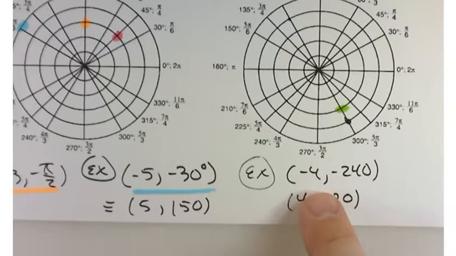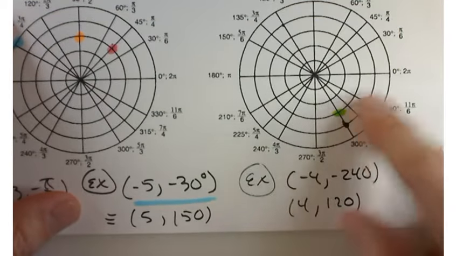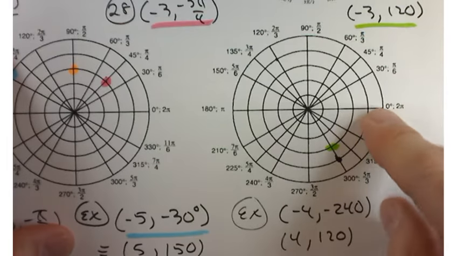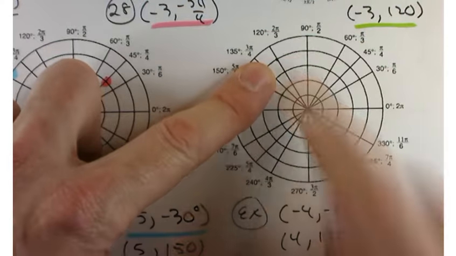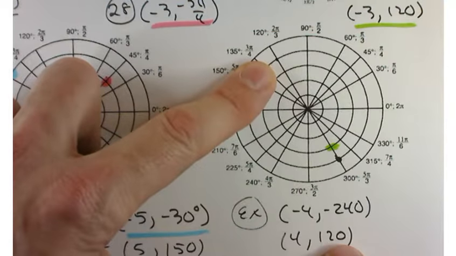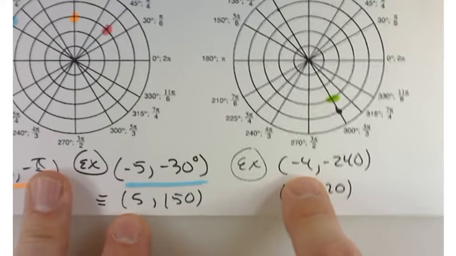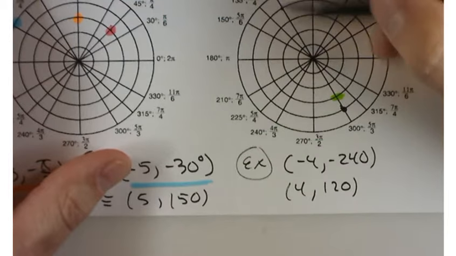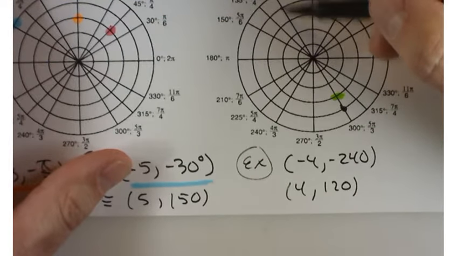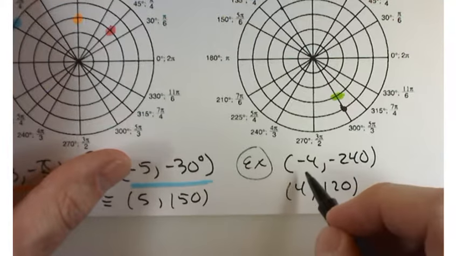This one here? Let's see here. Make sure I did everything right. So negative 240 would be the same thing as a positive 120, right? But because I had a negative radius, instead of being on this line here at negative 240, positive 120, I have to move 180 degrees opposite of that to account for the negative.